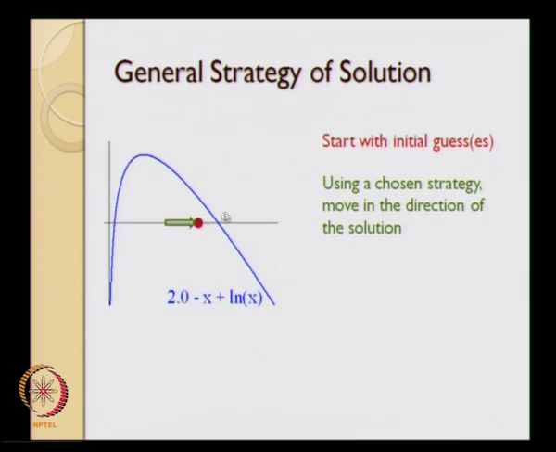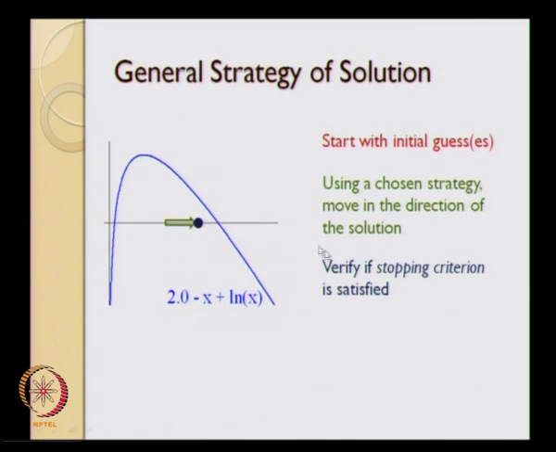However, what we need is to choose a strategy which will generate the successor moves, given a current guess and given the function f, either in a closed form like this or some method to generate f of x given x. Okay. Now, the next item would be to verify if the stopping criterion is satisfied.